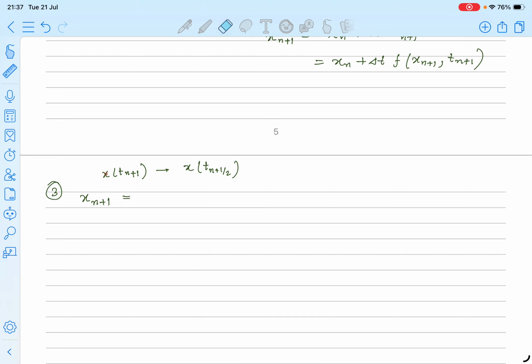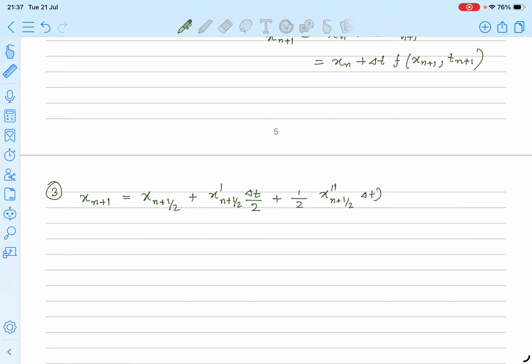If we expand this, we get x_{n+1/2} plus the first derivative at n plus half times delta t by 2, because n plus 1 minus n plus half gives half, plus half x double dash at n plus half times (delta t by 2) squared, right?